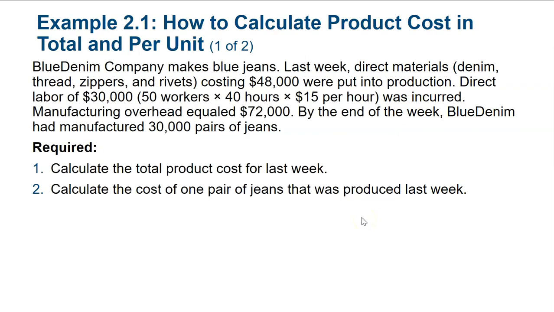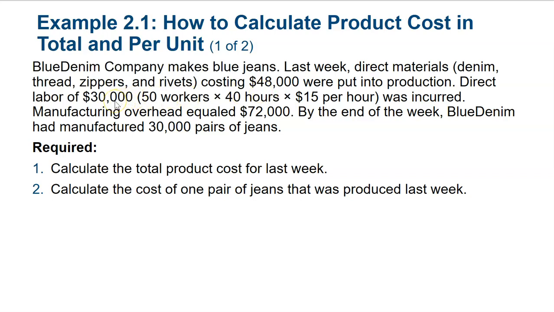So we've got this example here, and it says that Blue Denim Company makes blue jeans, and that last week, direct materials, and then they give us some examples of materials that we're going to be able to easily trace to the product, such as denim, thread, zippers, and rivets, costing $48,000 were put into production.